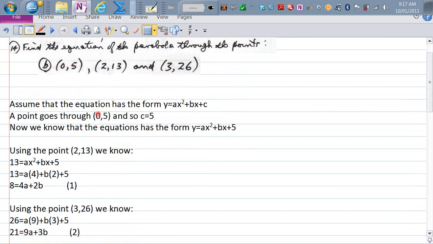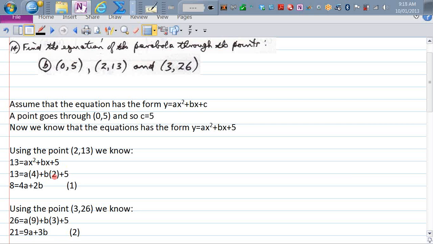Now we know another point, besides the (0, 5) which we used over here, which is (2, 13). So we know x is 2, y is 13. So we go back into the equation, put the value 13 into ax squared plus bx plus 5, and now we put 2 in because we know x is 2. When x is 2, we replace the x with the 2, and 2 squared is 4.